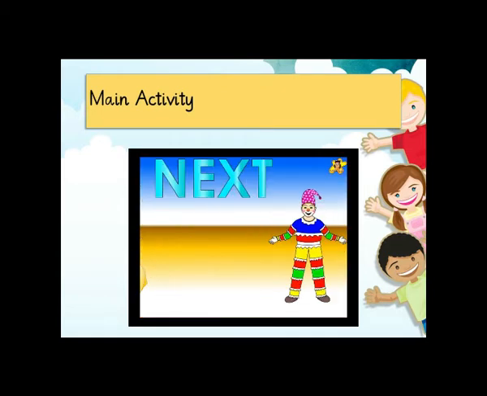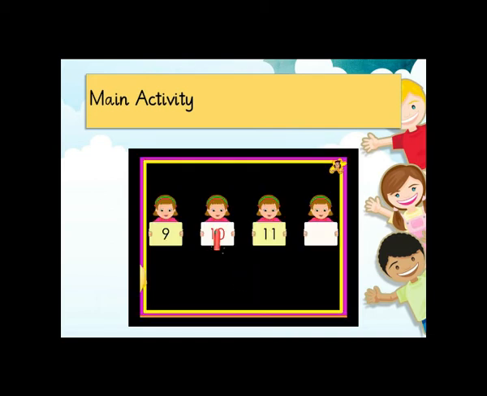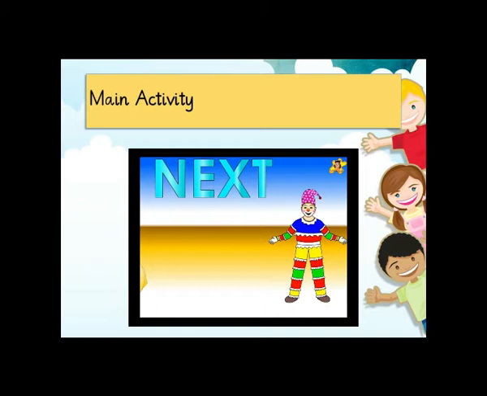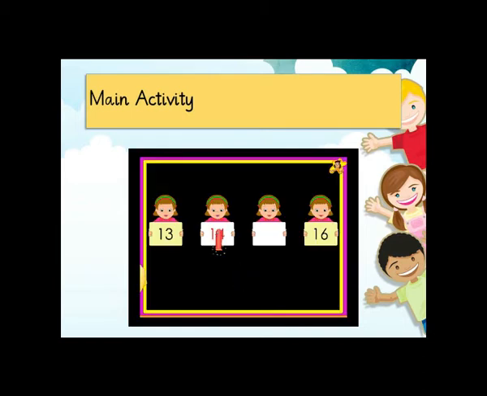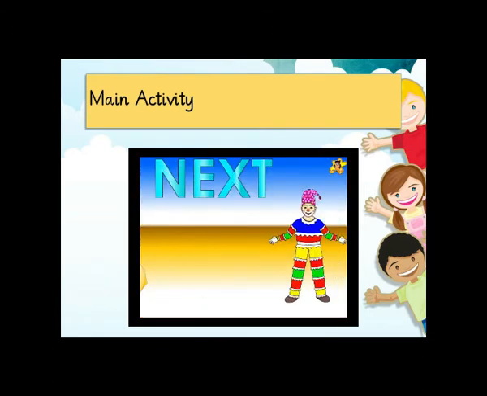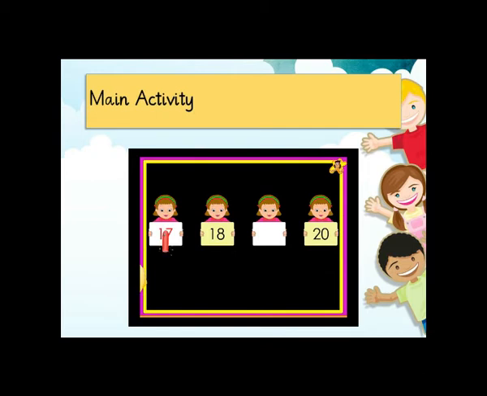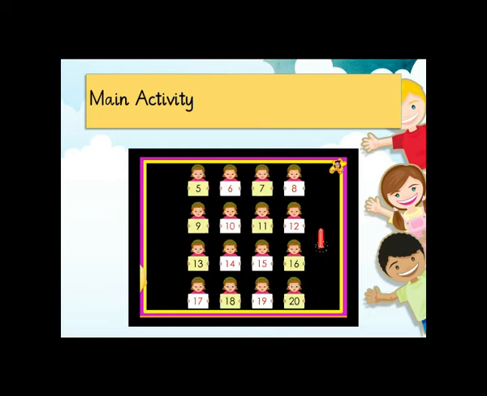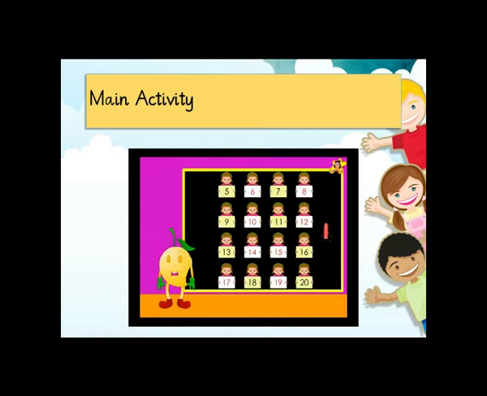Next. 10, 12. Next. 14, 15. Next. 17, 19. Very good.